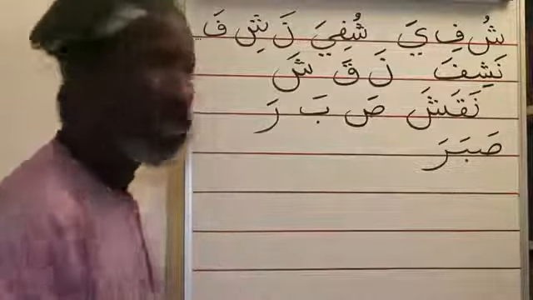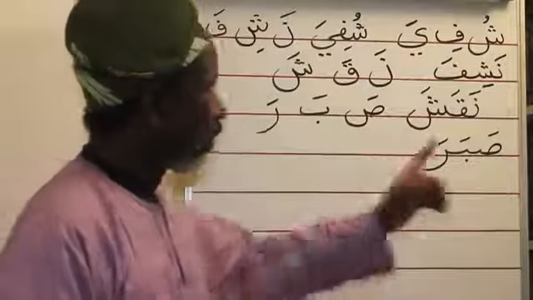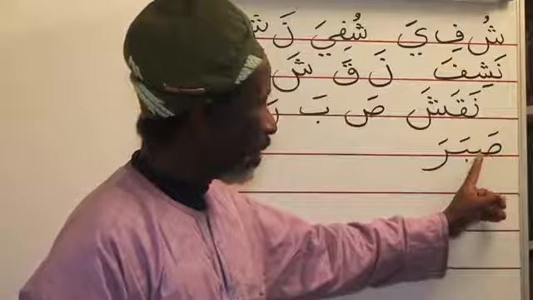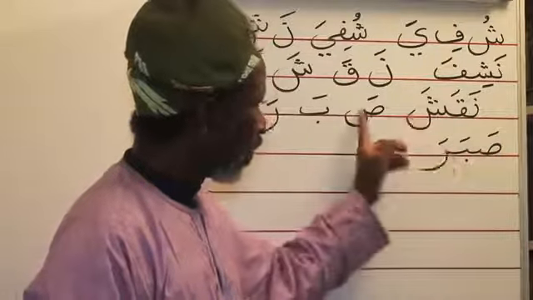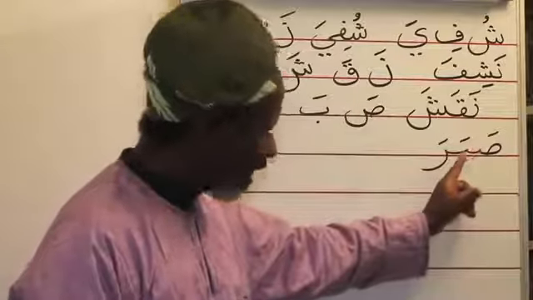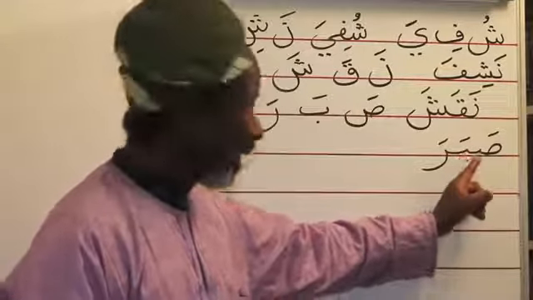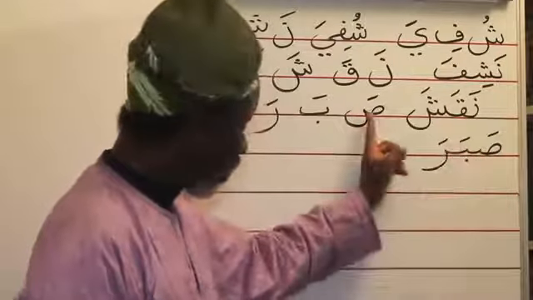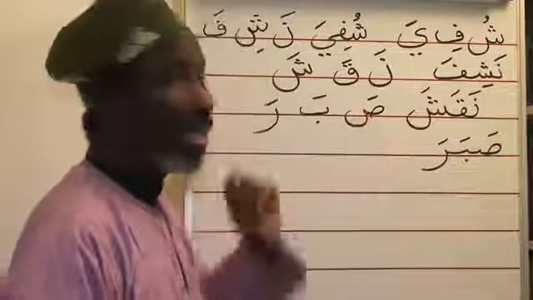Here, let me call your attention to something in sod. You notice that here, I retain this corner of sod before I extend it to make the next letter. That's necessary. That must be retained. This corner. From there, you extend it.